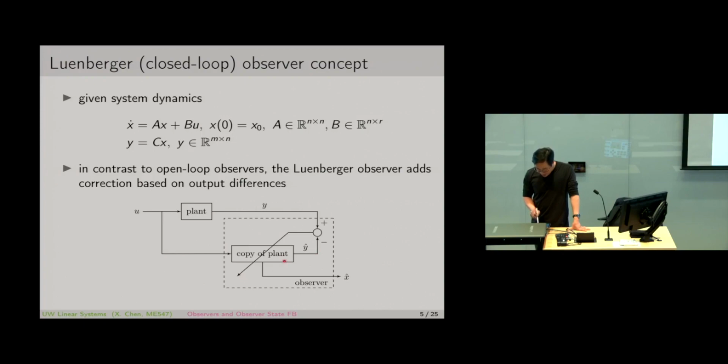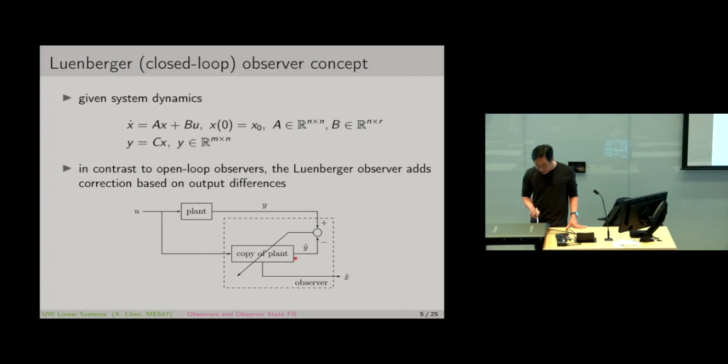We add the difference between the actual output y and the output that comes from this copy of the plant. In other words, this is an estimate of the output. If everything goes right, if my state is correctly estimated, then the output will be similar between these two lines, and the error will be small.